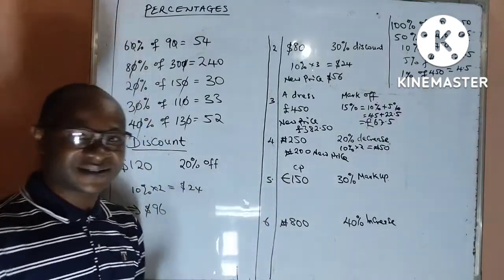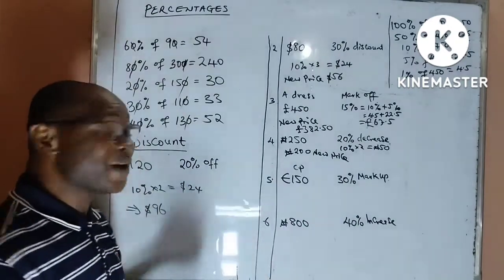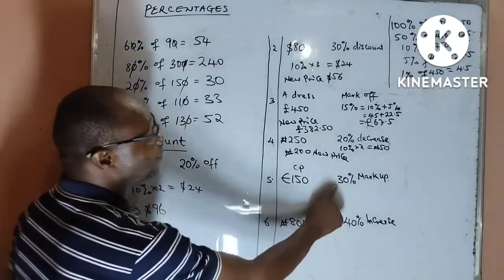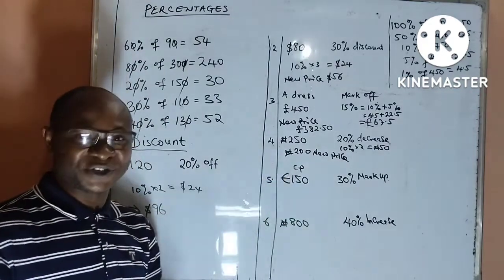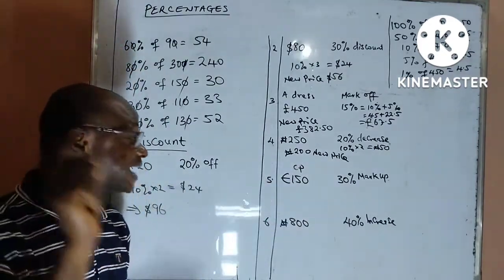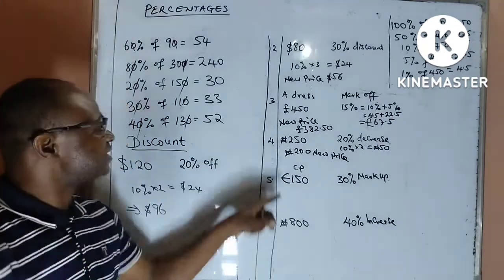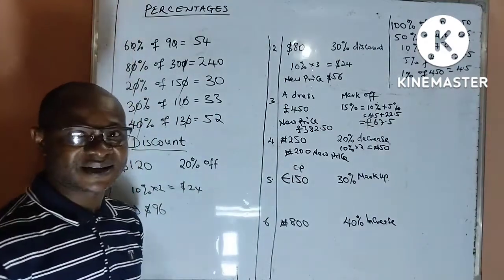This is the cost price. So the markup will cover the overhead cost and the profit. Therefore, you have to find 30% of 150 euro and add it up to know what is the exact selling price of this item. So this is just the cost price.